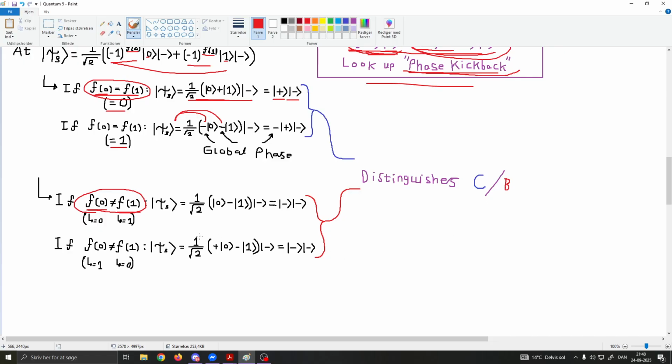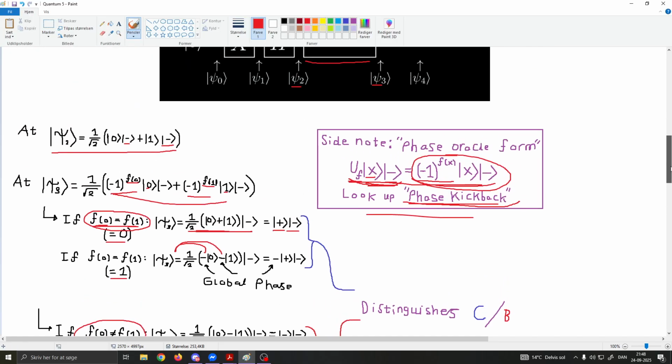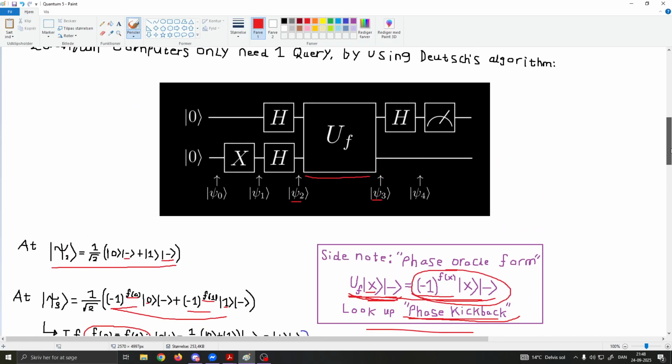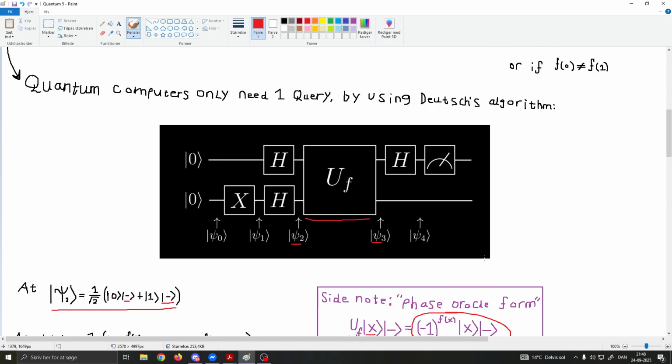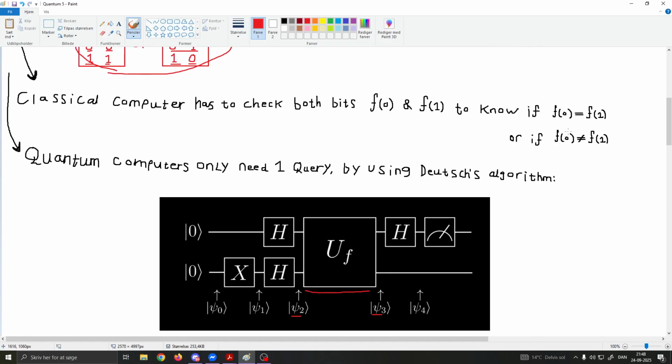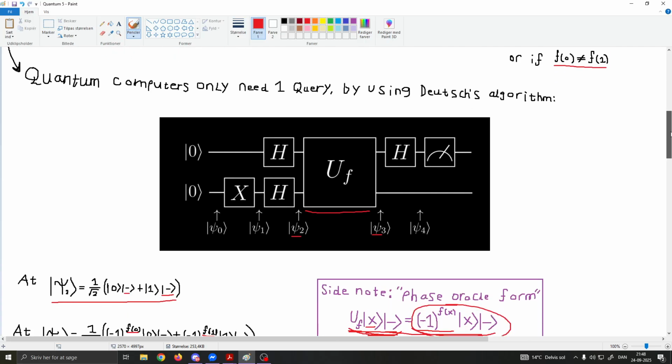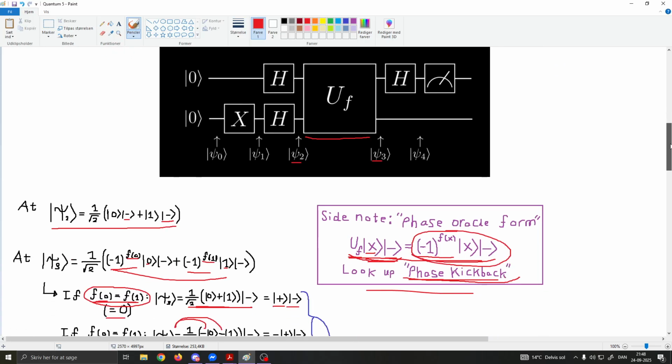And notice this is just for one run of the algorithm. The algorithm runs just once, and we get immediately an answer that tells us whether the function is constant or balanced, as opposed to a classical algorithm, which would have to check both inputs and then compare the two to see if the function is constant or balanced.